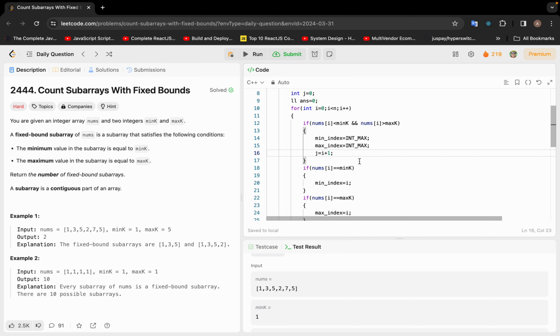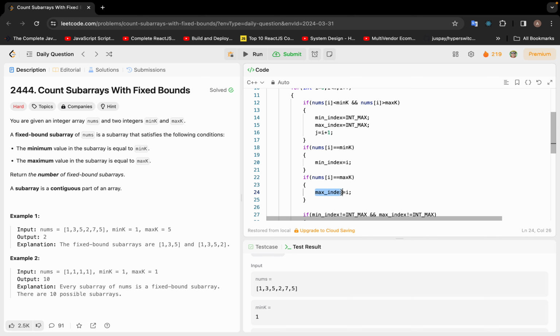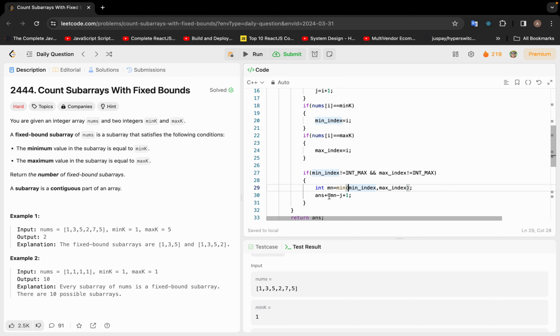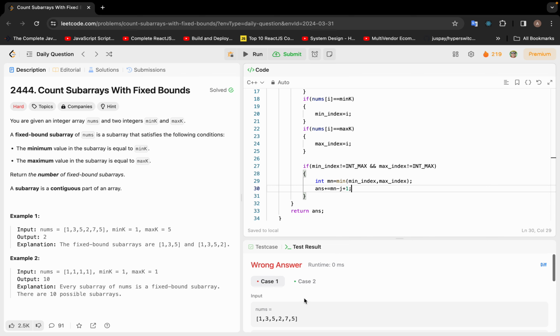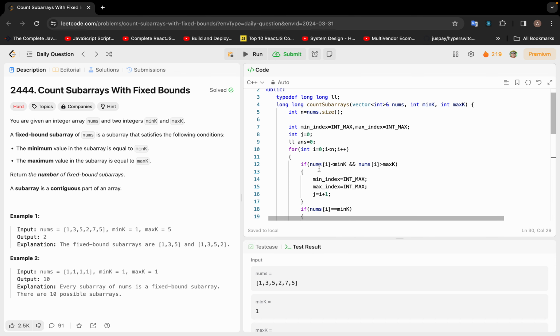If nums[i] equals min k, I will update my min index. If both are not int max, I am taking the min of min index and max index, and I am inserting mn minus j plus 1. I think there should not be any answer, but let's see.